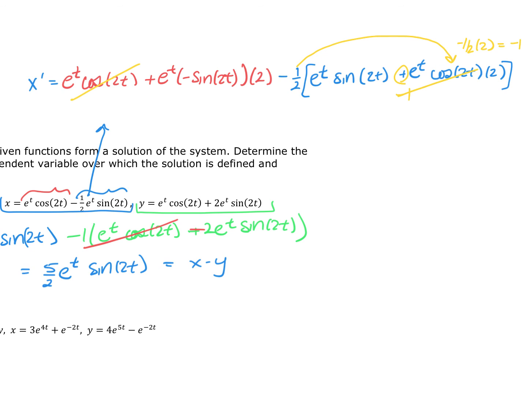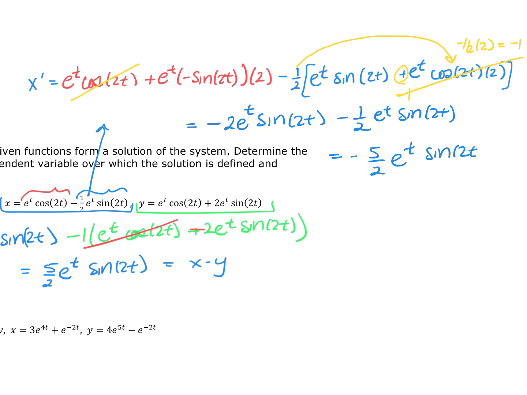That one and that one cancel. That leaves me just, as I did before, negative 2e to the t, the sine of 2t, minus 1/2 e to the t, the sine of 2t, which we know is negative 5/2 e to the t, the sine of 2t.